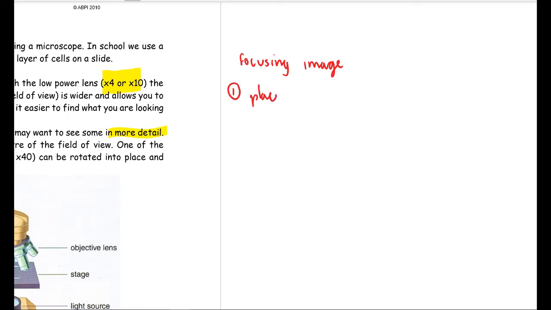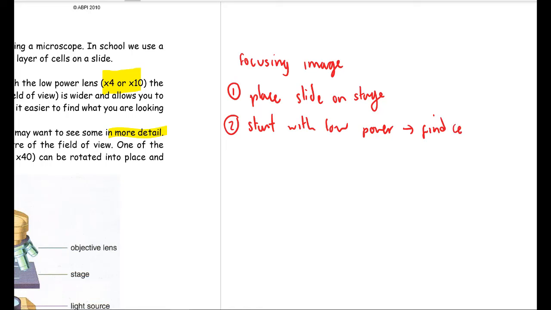So the steps to focusing an image: you place the slide on stage. You start with low power, and that allows you to find the cells, because that can be a bit tricky, and to focus the image.